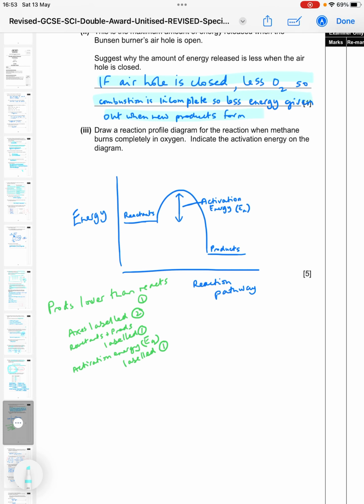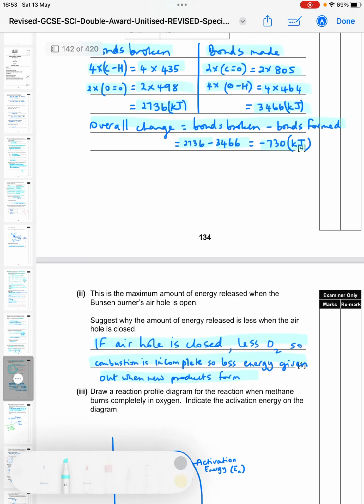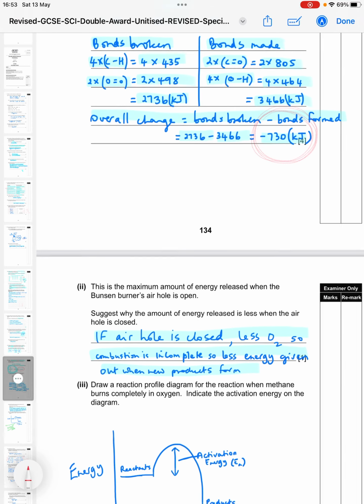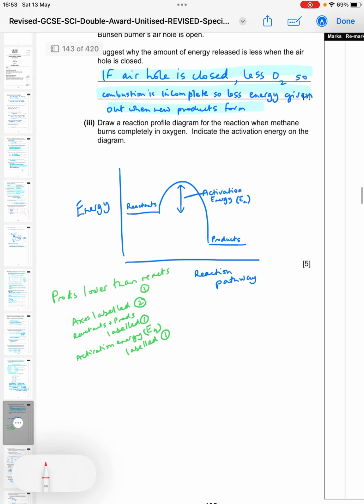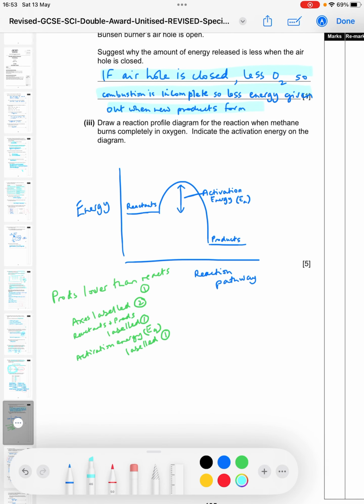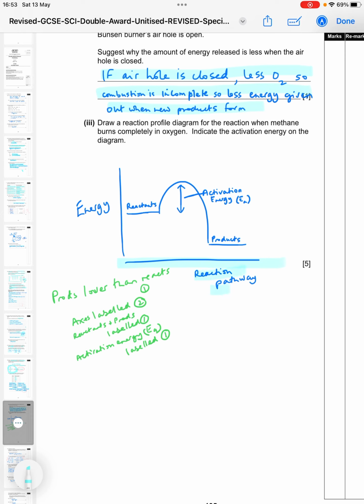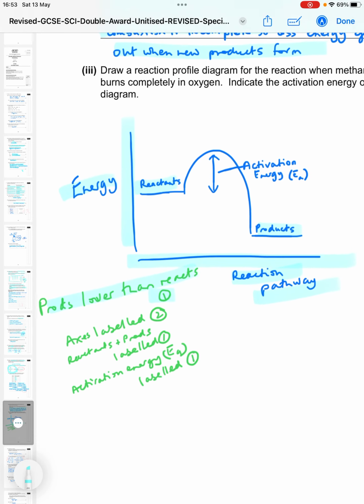Then draw a reaction profile diagram for the reaction when methane burns completely in oxygen. Indicate the activation energy on the diagram. So you'll remember here in the last question, it was negative, so that means it's exothermic. And when you're drawing this, you need to have the reaction pathway on the x-axis, the energy on the y-axis, and then you show reactants and products.